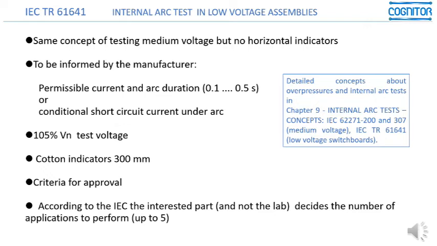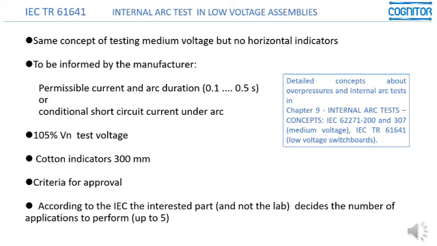The ways of doing the tests are more or less similar to the one performed in medium voltage switchgear, and we can see many details of this in chapter 9 of this training.